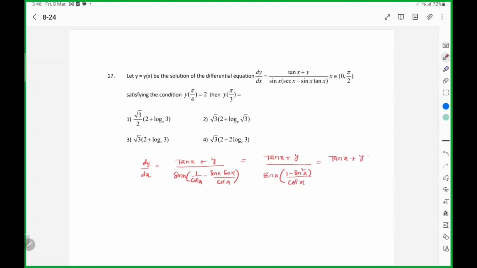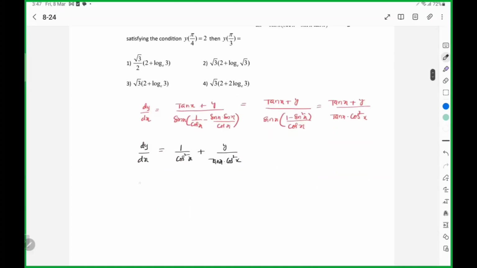Tan x plus y by here tan x into cos square x. dy by dx is equal to 1 by cos square x plus y by tan x into cos square x. dy by dx minus 1 by tan x into cos square x of y equal to secant square x.